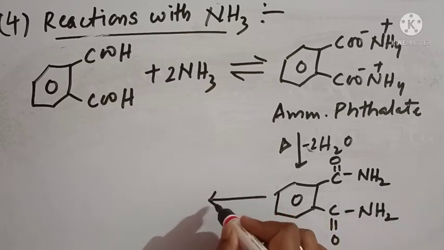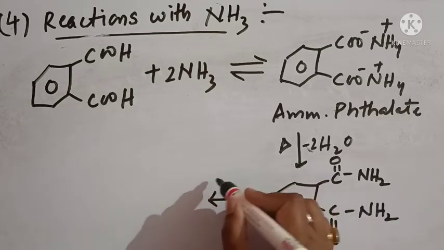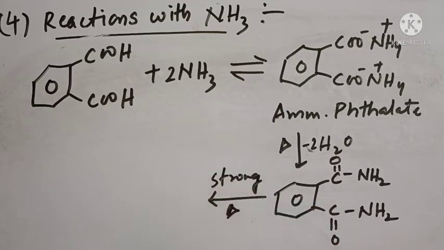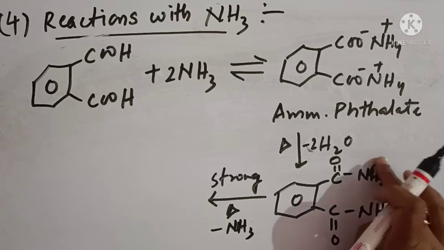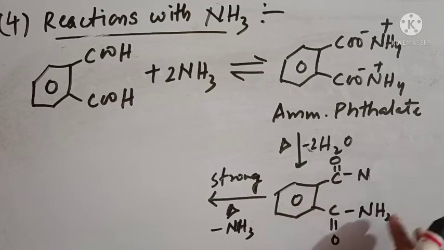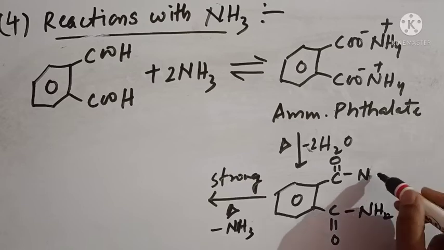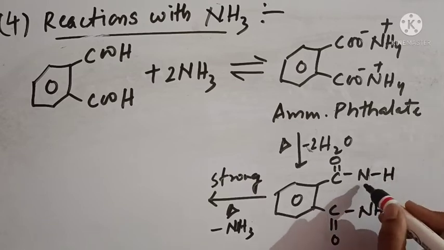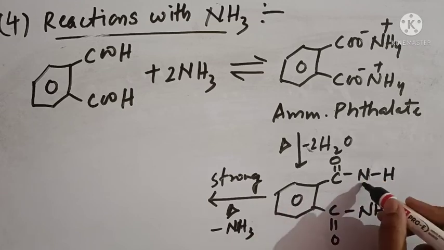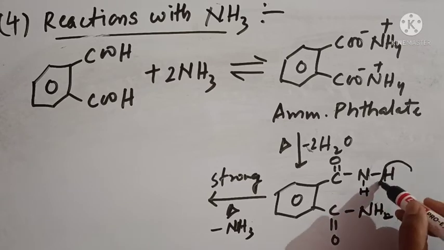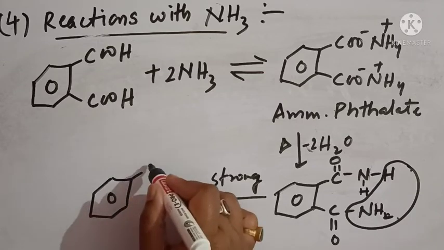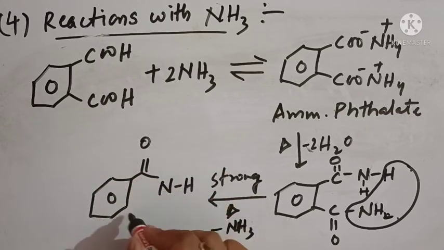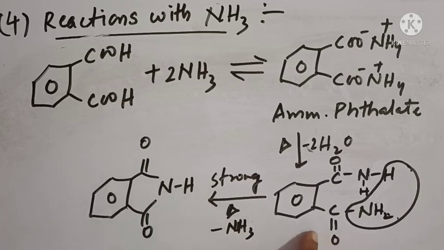On further strong heating, there will be removal of an ammonia molecule and you will get the phthalimide, with N–H.